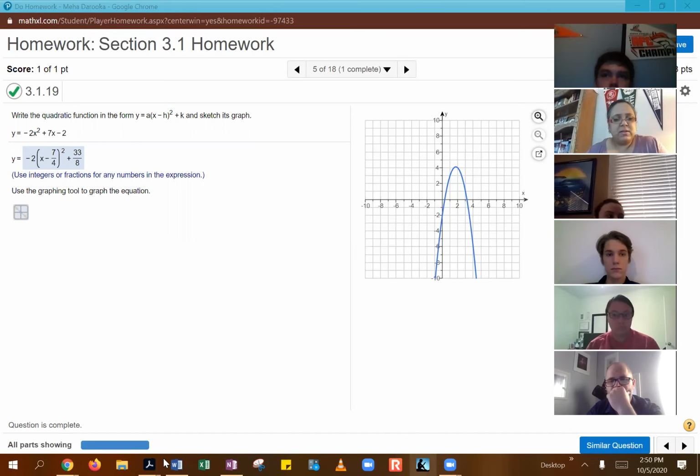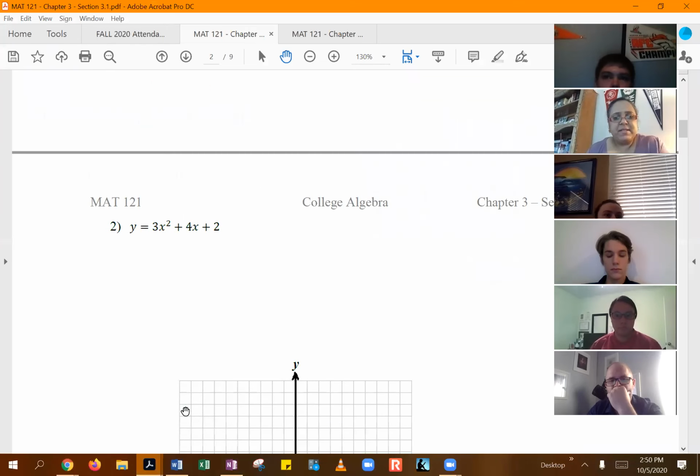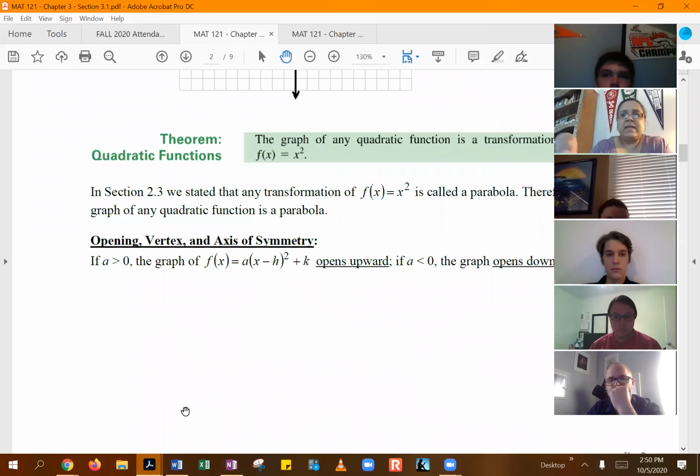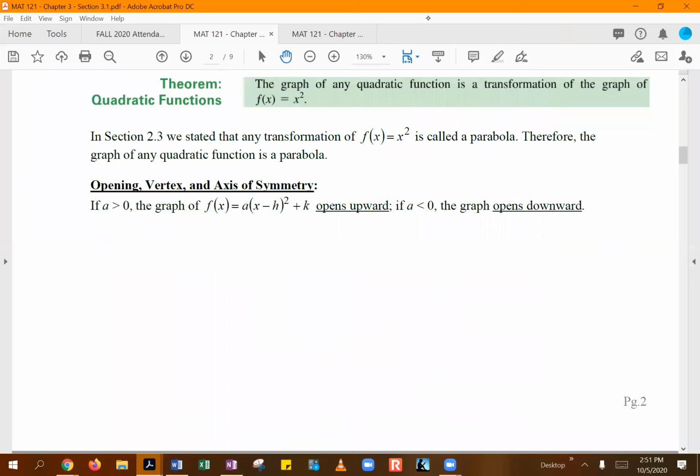Alrighty, so let's take a look at the next type of example. This is where we get into the discussion of some of the different properties of our graph. So we're talking about opening, whether the graph opens up or down. Basically, if that A value is a positive number, your graph is going to be opening upward. So our parabola's arms are going up, towards positive infinity on the y-axis.